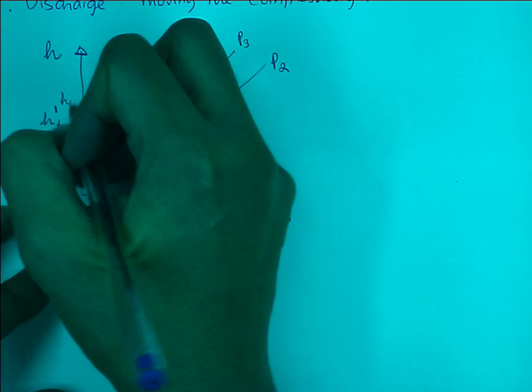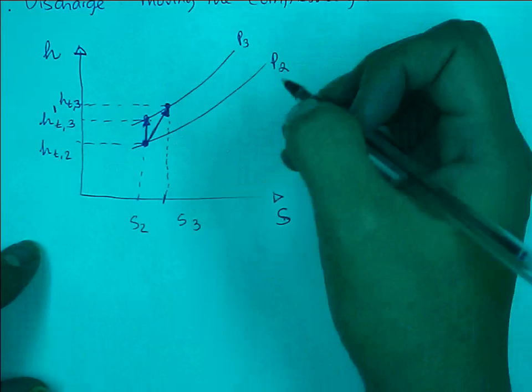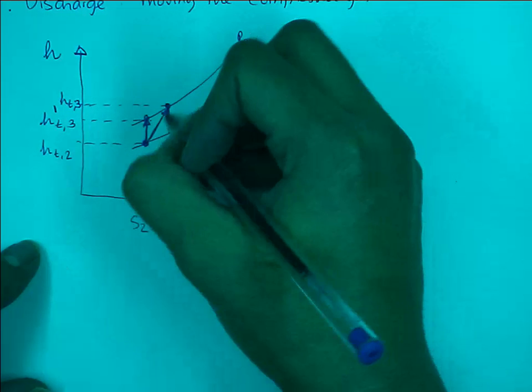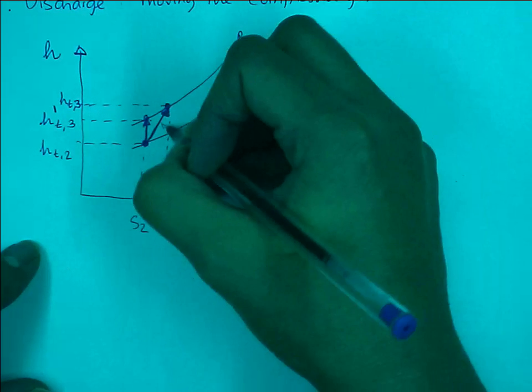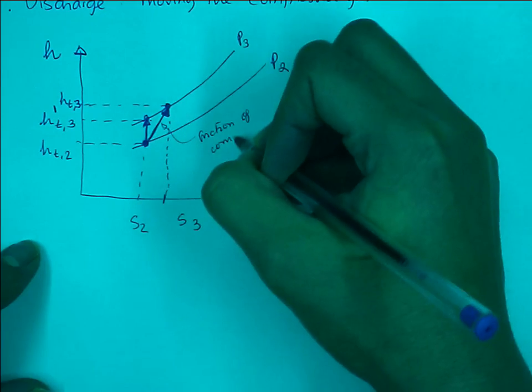So in this case, we are actually taking into account the friction of compression, or efficiencies of the system.